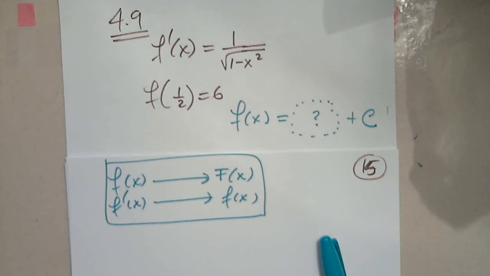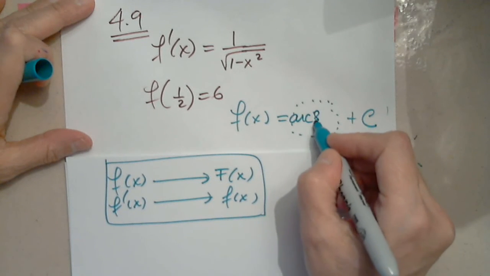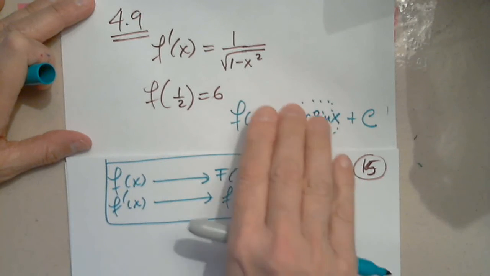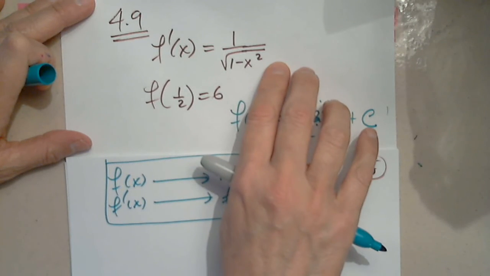Which function is that? So it's arcsine. Very good. Is that clear? So this will be arc sine x, because when I differentiate arc sine x, I get 1 over the square root of 1 minus x squared.